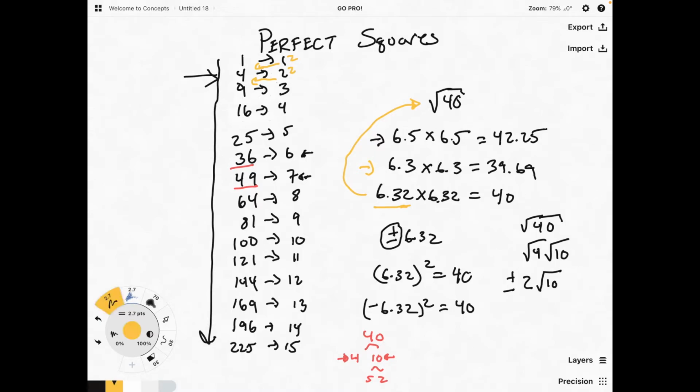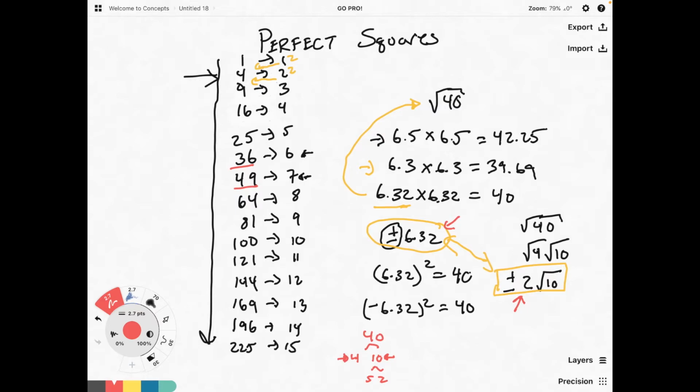And after you put the plus and minus, this becomes the correct answer. And this answer and this answer are the exact same. This 6.32 is an exact answer, and this is a reduced answer, but they do equal each other.